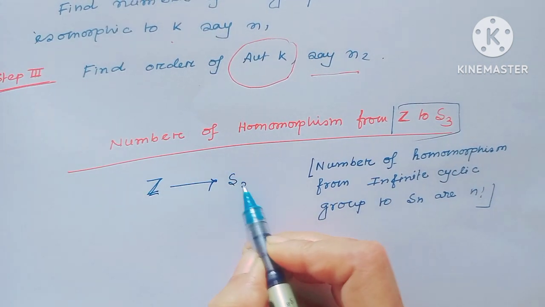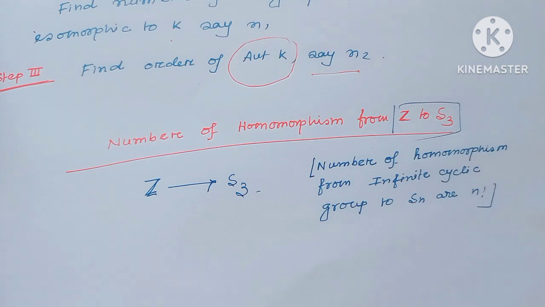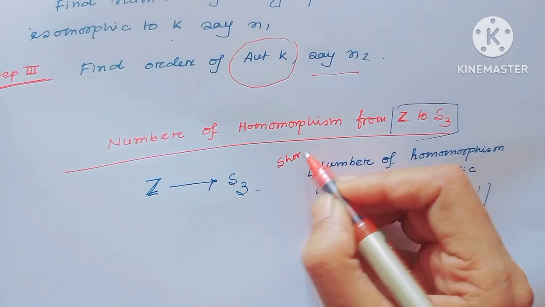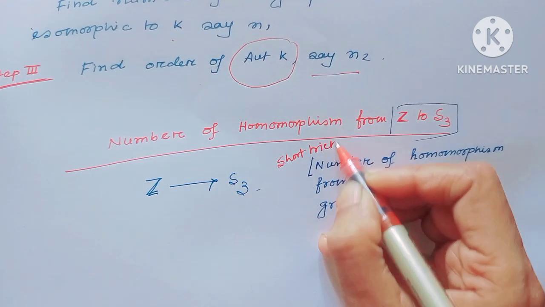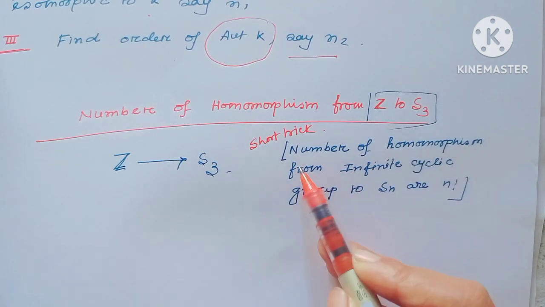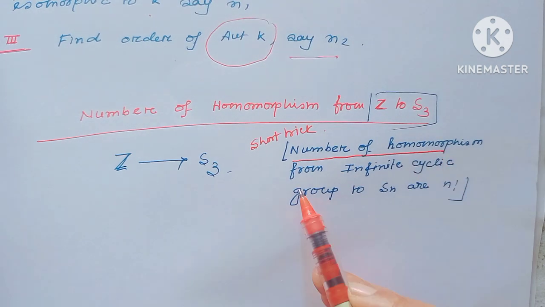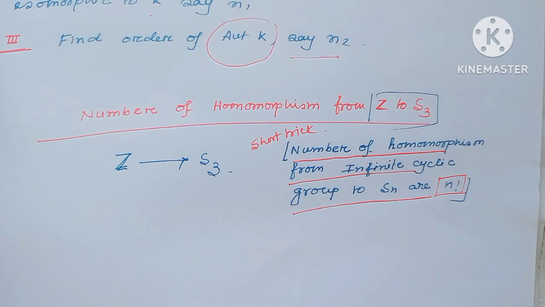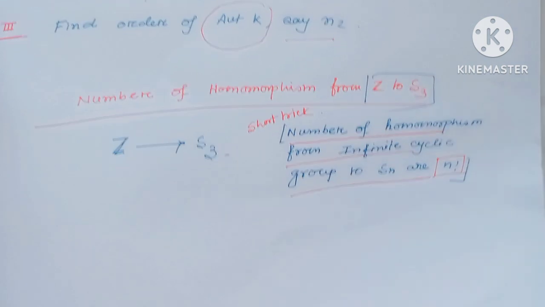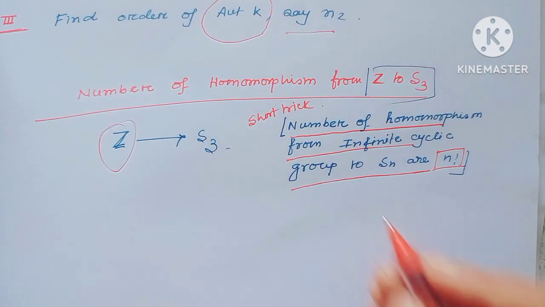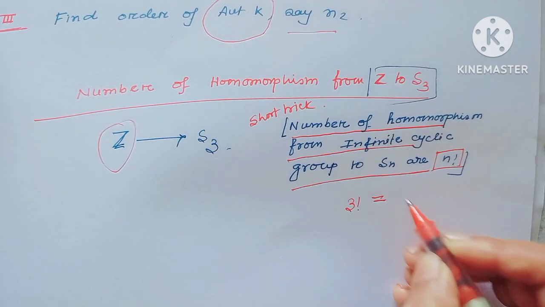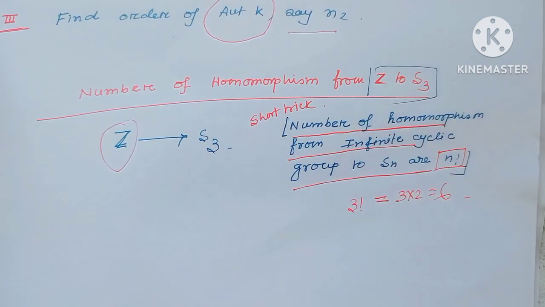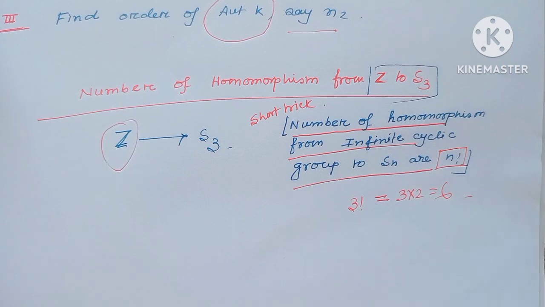Z to S3, how many homomorphisms exist? There is one shortcut trick: the number of homomorphisms from any infinite cyclic group to Sn is n factorial. Since this is the infinite cyclic group, this would be 3 factorial, meaning 3 into 2, which is 6. Now I will apply the method.